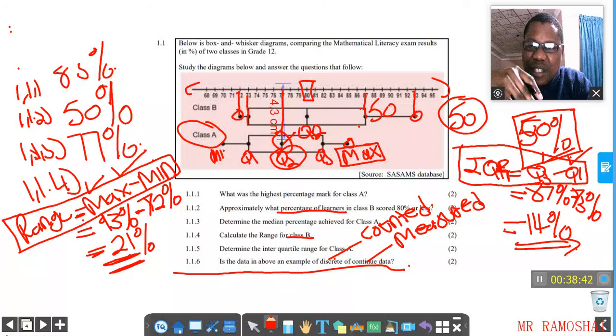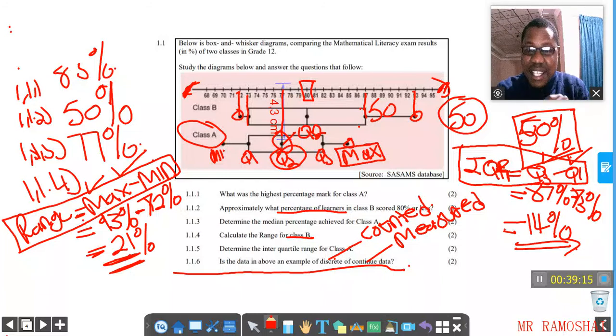So now you tell me, these are the marks of learners. My question is, can these marks be measured? Can you measure your marks? We talk about reality now. Can you measure the marks that your teacher gave you? Did the teacher measure those marks?